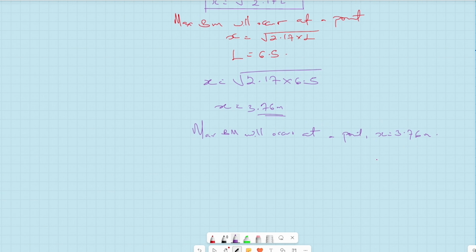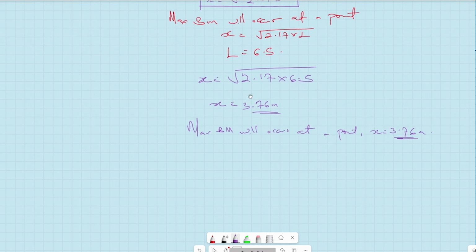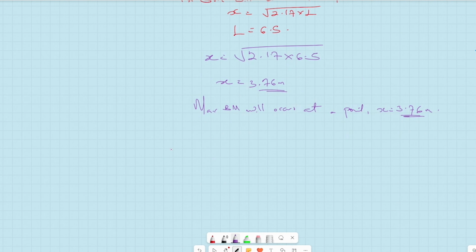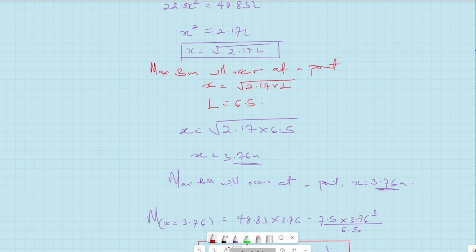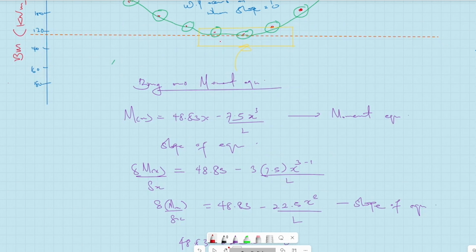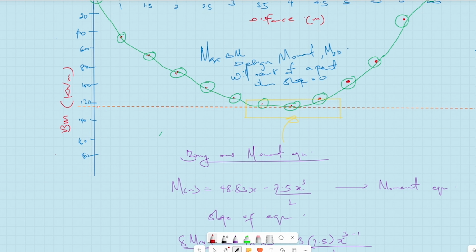So now let's slot this value of x back into our moment equation. So remember, what's our moment equation? So M, when x is equal to 3.76, we get 120.3. That is around where we said, around this side.